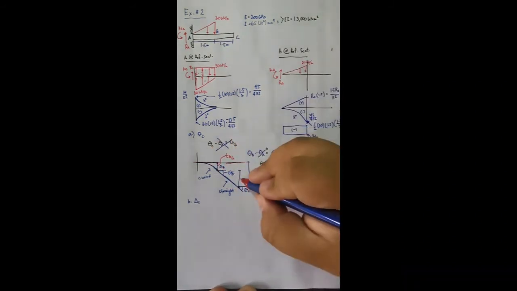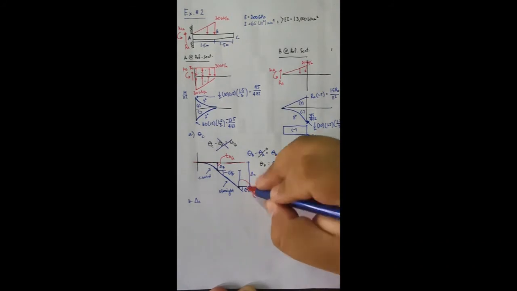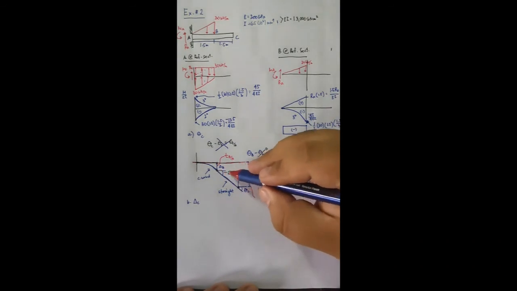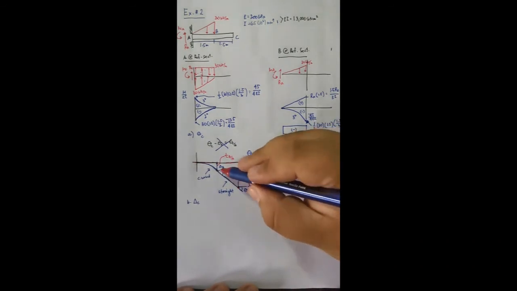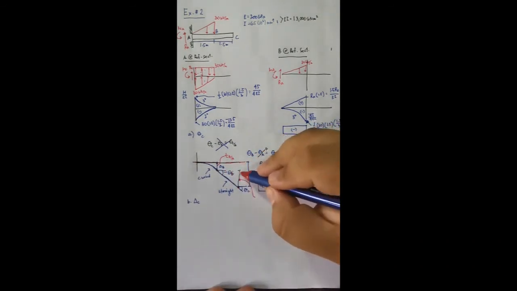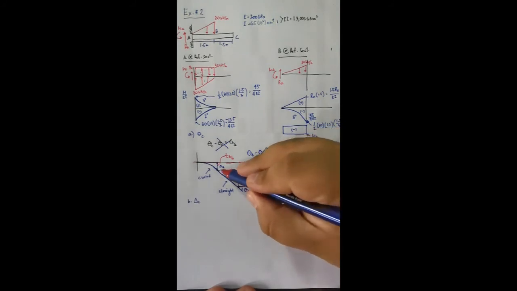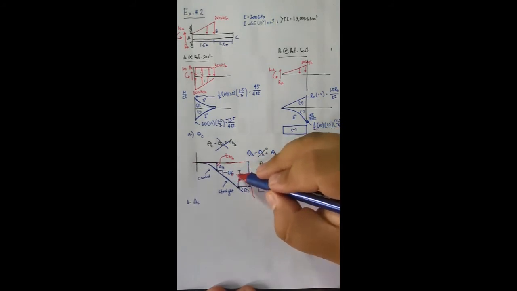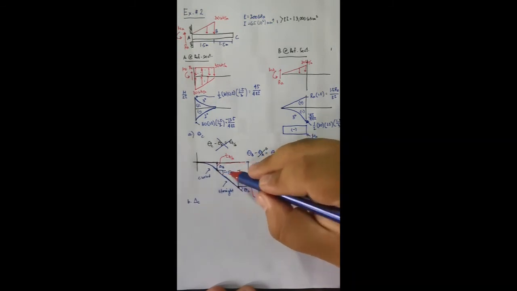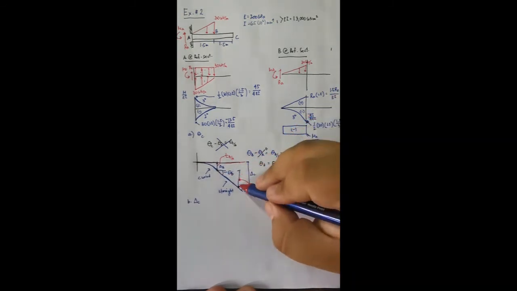Now, what is this distance? If this is theta B, this is a straight line, so tangent theta B is just this distance over this distance. Ulit, tangent theta B is this height times this distance. This distance is 1.5, so therefore this distance is 1.5 times tangent of theta.